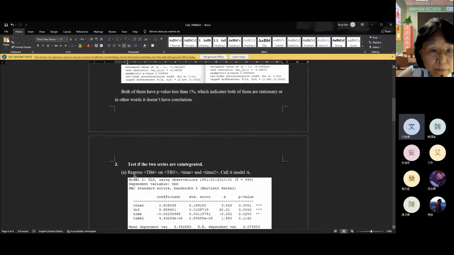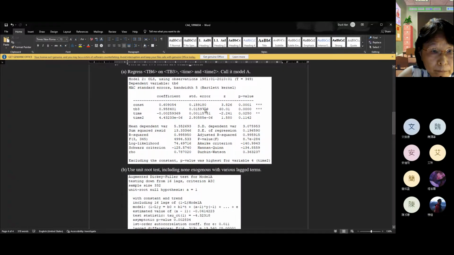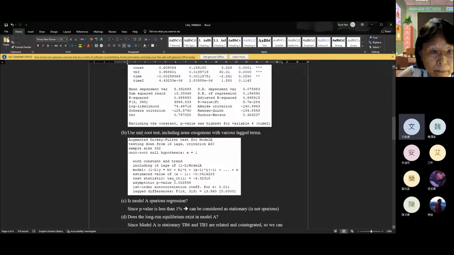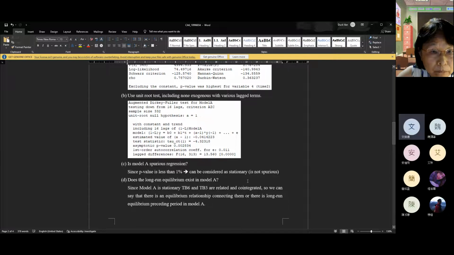For the third question, this is model A, which I run with TB6 as the dependent variable. And for B, we run the unit root test. For C, since the p-value of the unit root test of both is 1%, it can be considered stationary, so it means that it is not spurious. And it has a long-run equilibrium because model A is stationary.